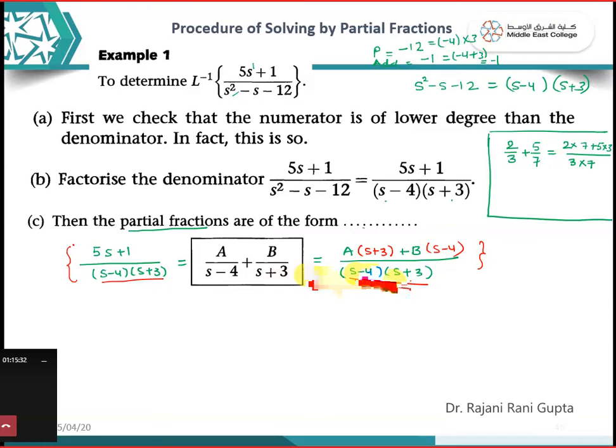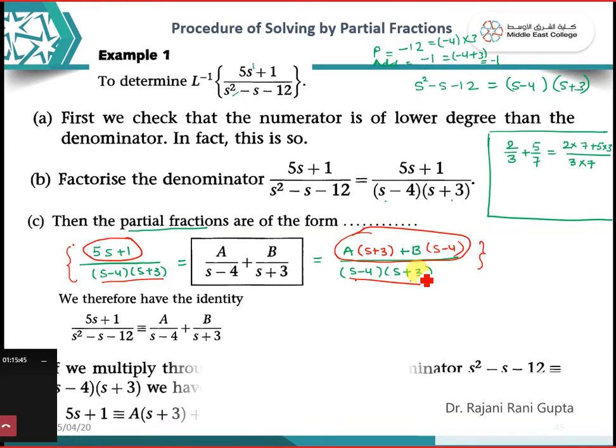So when denominators are the same, the numerators should be equal. So we compare them. This will give us 5s plus 1 is equal to a times (s plus 3) plus b times (s minus 4).